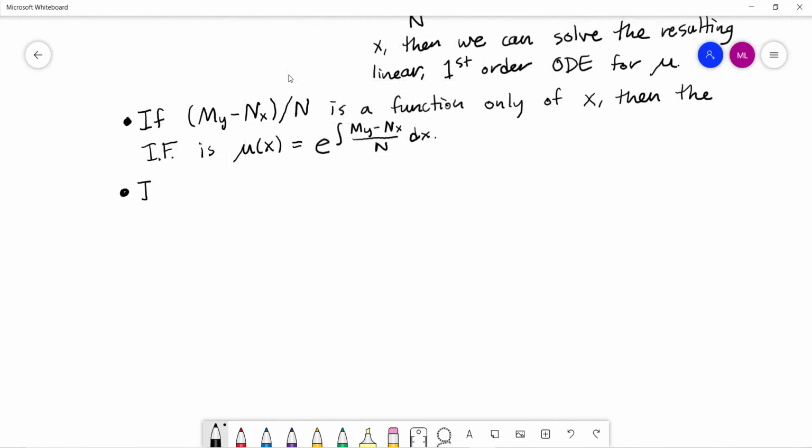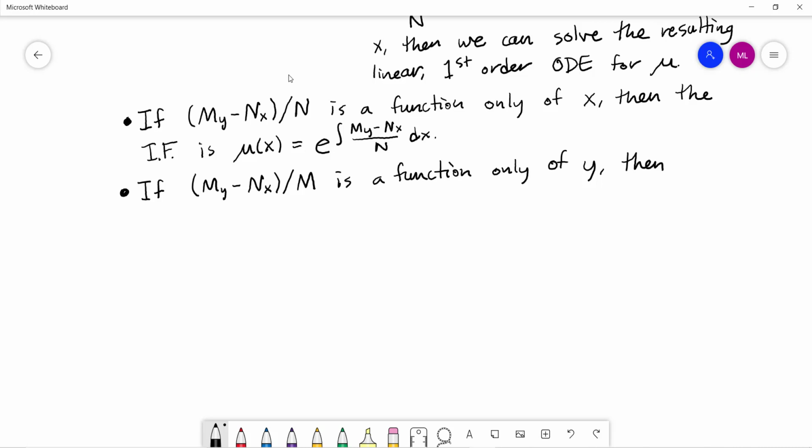And similarly, if instead we tried the other case, tried to make it all be a function of y instead, so if we got m_y minus n_x over M is a function only of y, then the integrating factor that we would use is going to be mu of y, only a function of y in this case, and it's going to be equal to e to the integral of m_y... I think I'm missing a sign here.